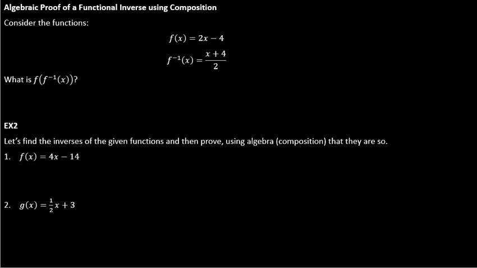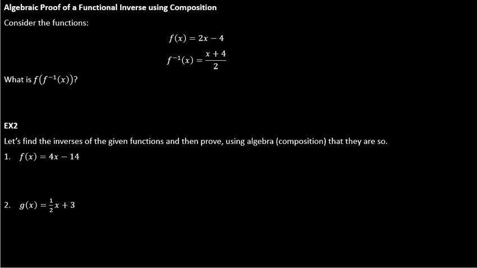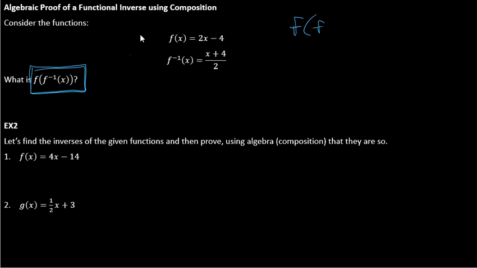Okay, so here we have some algebraic proof as to whether or not two functions are inverses. So we saw geometric proof here, right, when they have symmetry about the line y equals x. Okay, algebraically speaking, we can tell if two functions are inverses, basically, if we have, and I'm writing this backwards, f of f inverse of x equal to x.